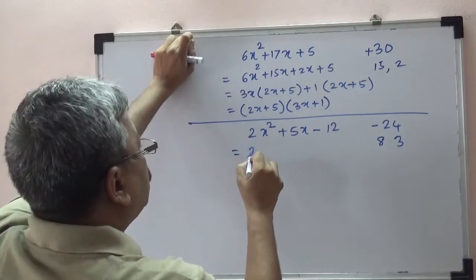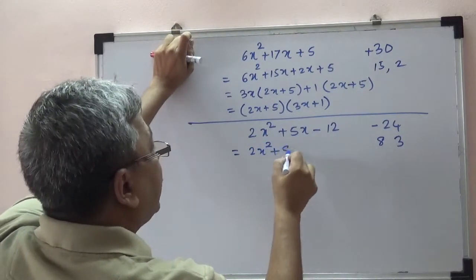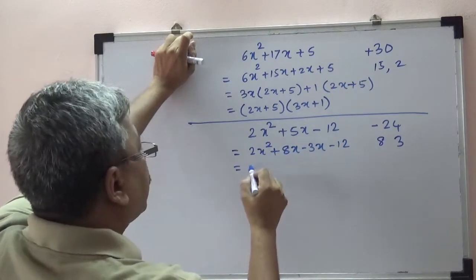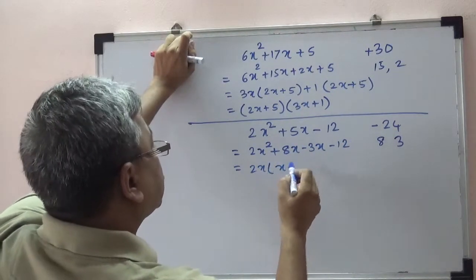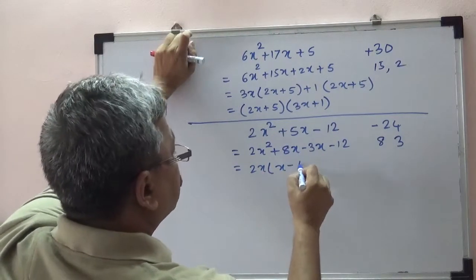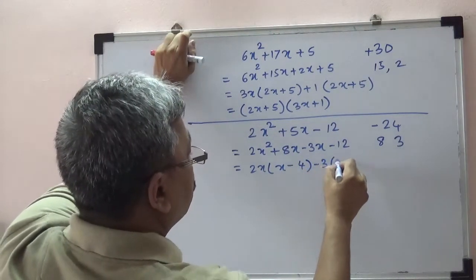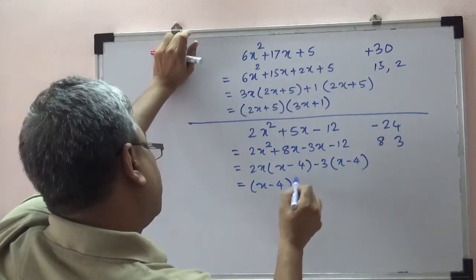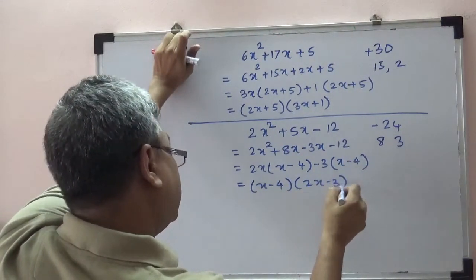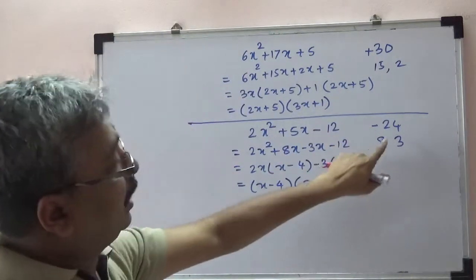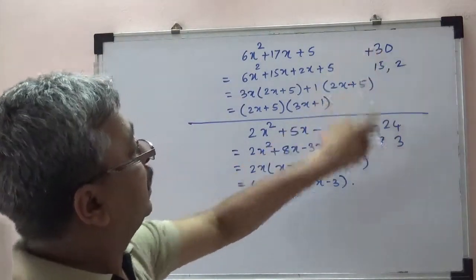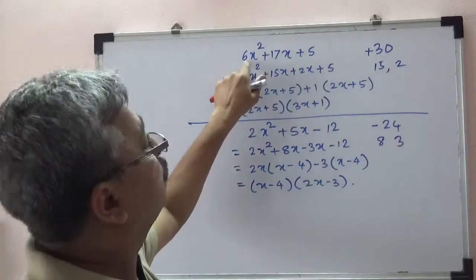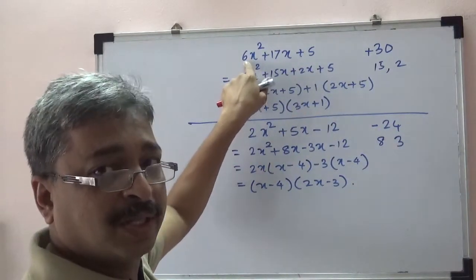Therefore I write 2x square plus 8x minus 3x minus 12. I take out 2x common, (x minus 4)... no wait, 2x common from 2x square plus 8x gives 2x into (x plus 4), and minus 3 common from minus 3x minus 12 gives minus 3 into (x plus 4). Here I get (x plus 4) common and hence (2x minus 3). This is the factorization. So if we are a little alert about these numbers: in the last lecture they were the last constants because the coefficient of x square was 1.